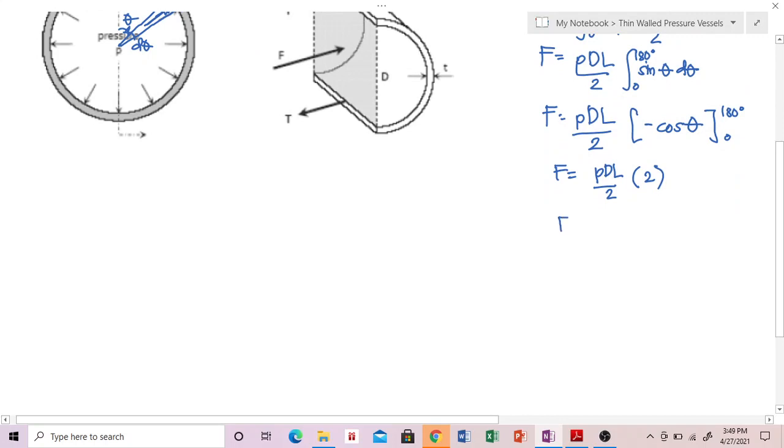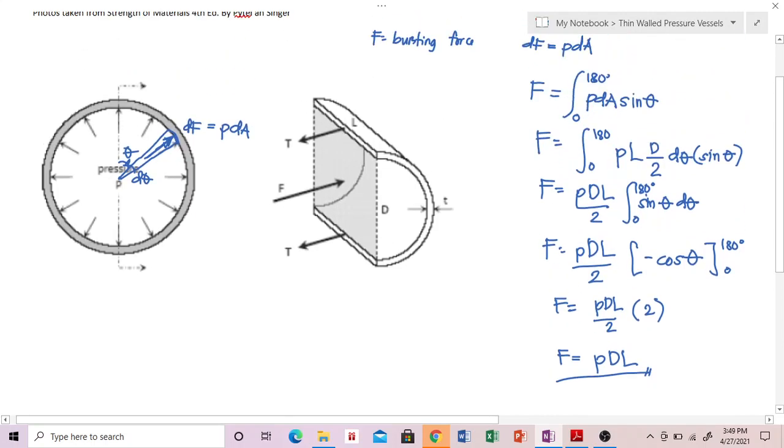So, obviously, F is equal to the internal pressure multiplied by the diameter multiplied by the length. So, this is the magnitude of the bursting force. This one, itong F. Same with kapag kinonsider mo itong kabila. Okay? So, since symmetrical naman yan, parehas lang yun.